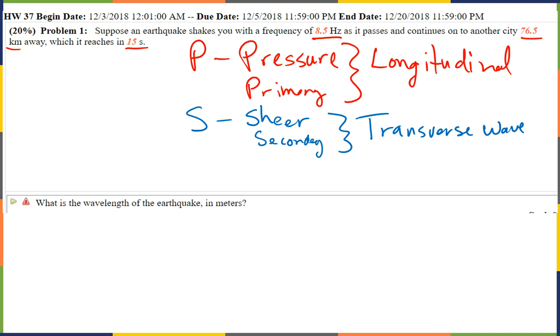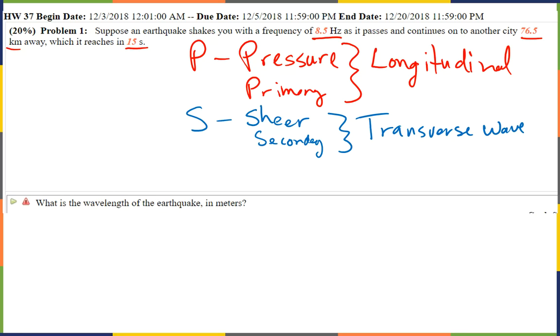For a transverse wave, the displacement is perpendicular to the velocity. So it's going to be a side-to-side motion when that one hits you if you're on the epicenter. So if you're on the epicenter, first you go up and down, then you go side to side. And they come at different times because of the different speeds.